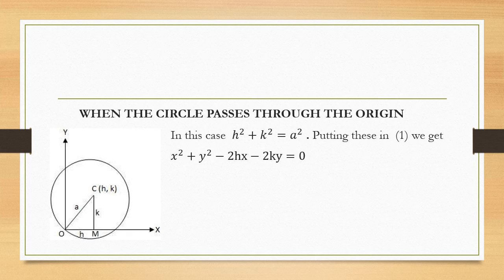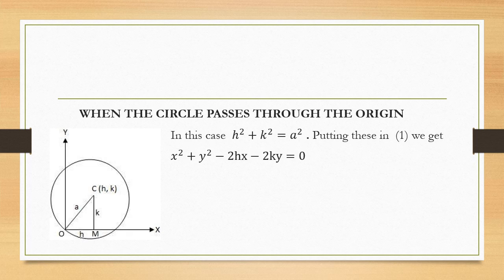Now we will discuss the next case. In the next case, the circle passes through the origin. If you observe the figure clearly, the circle passes through the origin. From that origin we can draw a line joining the center of the circle. Now if you draw a perpendicular to the x-axis, we get a right-angled triangle.